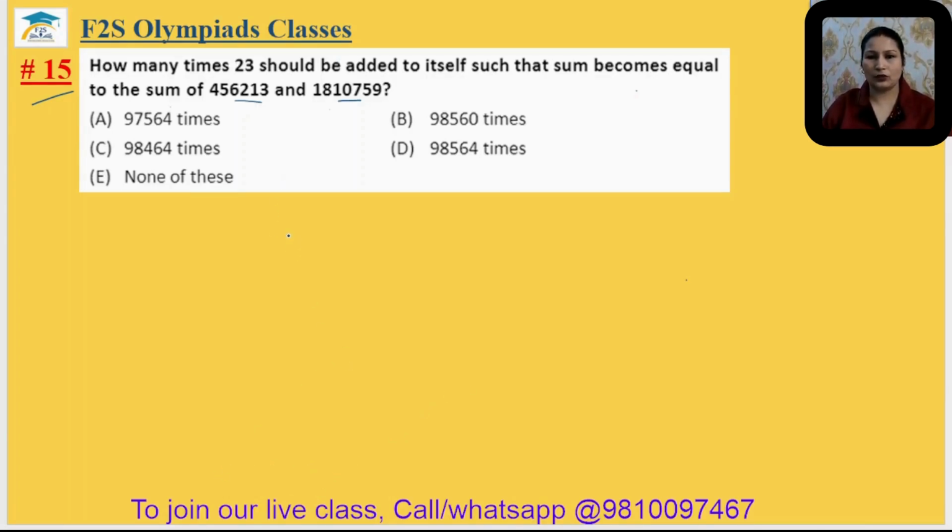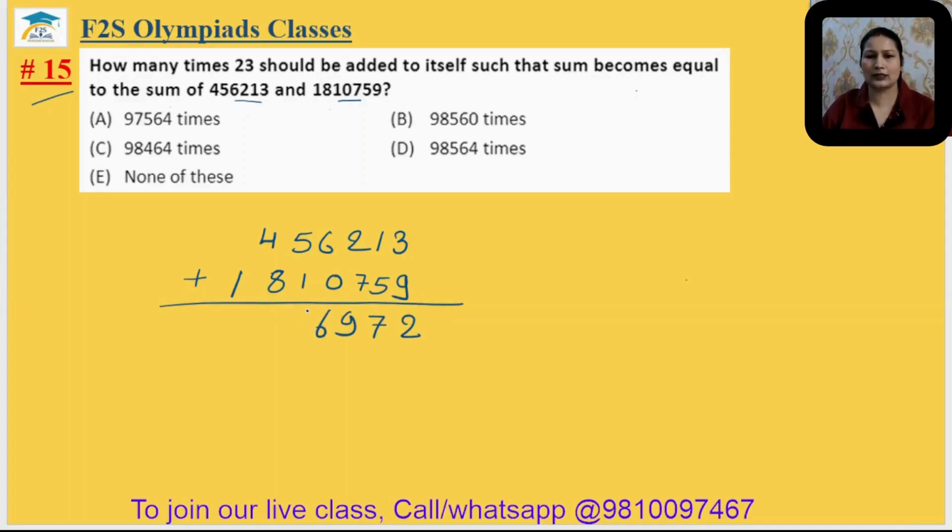Write this number 456213, then 9570181. Add both of them. 12 carry 1, 7, 9, 6, 6, 12, 2. This is the sum.